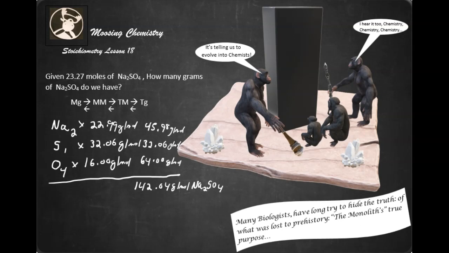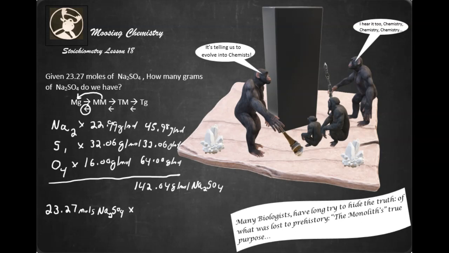Now, in this case, we're going to go from my moles to my grams. So the operation can't be reversed. So we have 23.27 moles of sodium sulfate. Put that down.